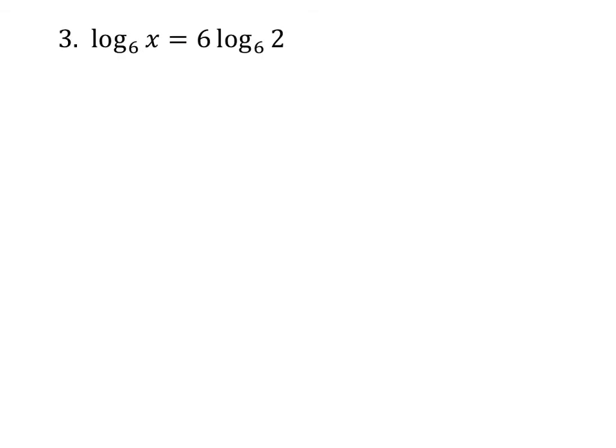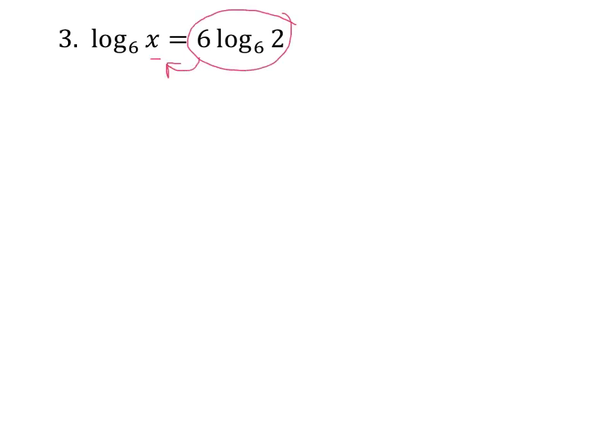Okay, this next example, we have log base 6 of x equals 6 times log base 6 of 2. One thing I want you to notice is that we do not have a single log, we have 2 logs. And these logs are on opposite sides of the equal sign. I need to move one of them over to the other side. So let's just move this whole thing over to the left side.